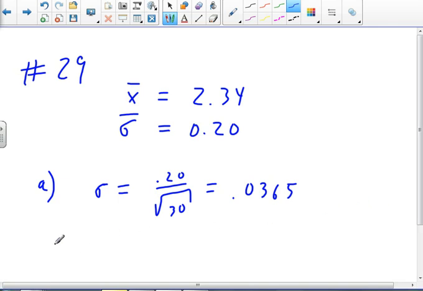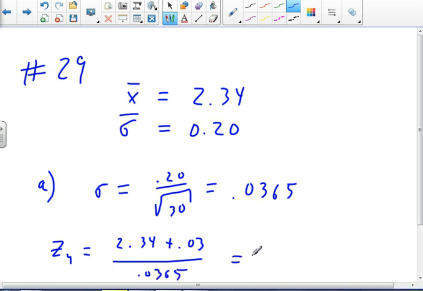So now we've got to find the upper z: 0.34 plus 0.03 divided by 0.0365.